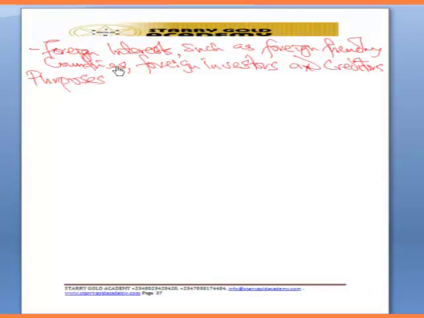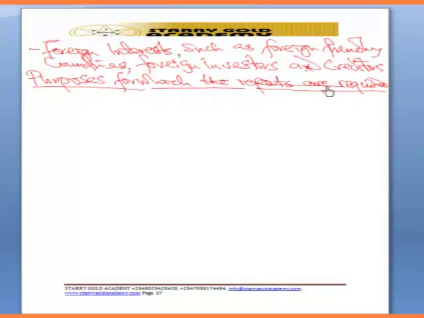Purposes for which the reports are required. What are the purposes? We mentioned this earlier.